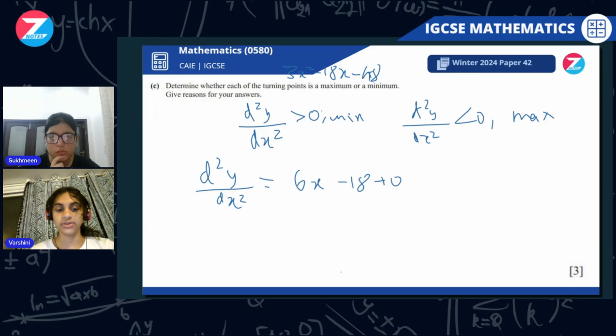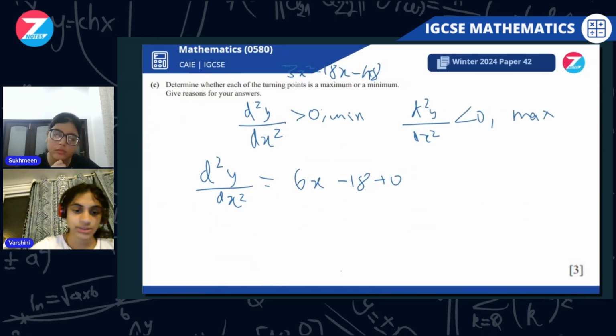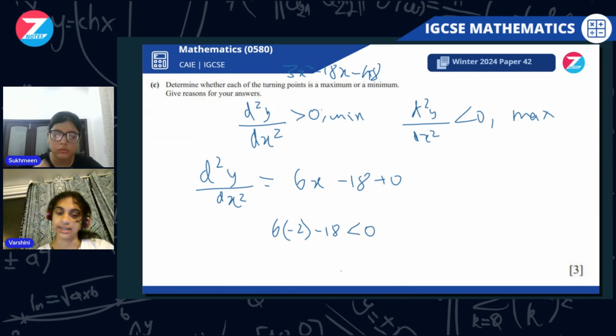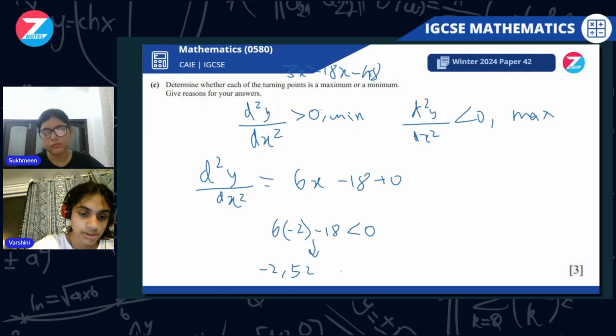Now what we have to do is substitute in both of our x values. First we'll take minus 2. It's going to be 6 into minus 2 minus 18, which is smaller than 0. You can put it in your calculator to double check. So now we know that minus 2, 52 is a maximum.